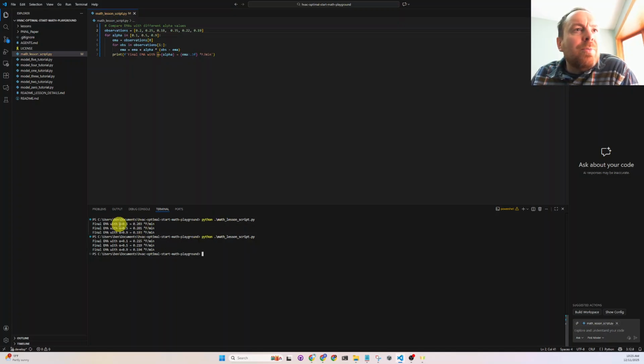So when the alpha parameter was real small, we have a bigger difference. And when the alpha parameter is bigger, there's not much difference at all compared to 0.193 and 0.194. So the bigger the alpha, the more smoothing, I guess.